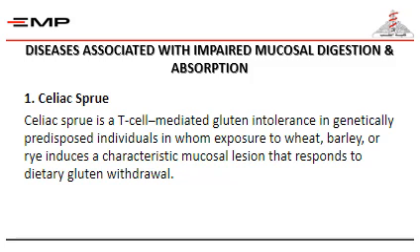The second category is diseases associated with impaired mucosal absorption and digestion. The commonest example is celiac sprue. Celiac sprue is a T-cell mediated gluten intolerance in genetically predisposed individuals in whom exposure to wheat, barley, or rye induces a characteristic mucosal lesion that responds to dietary gluten withdrawal.